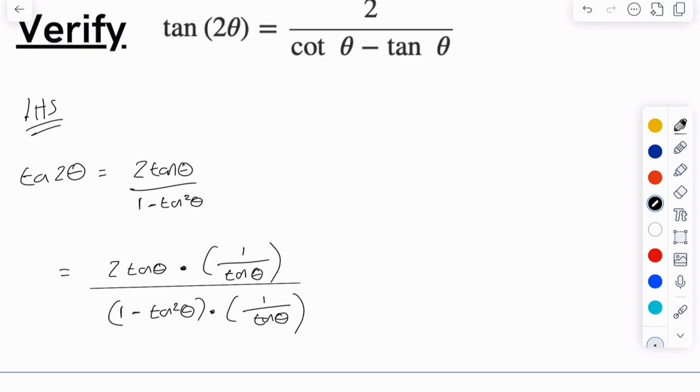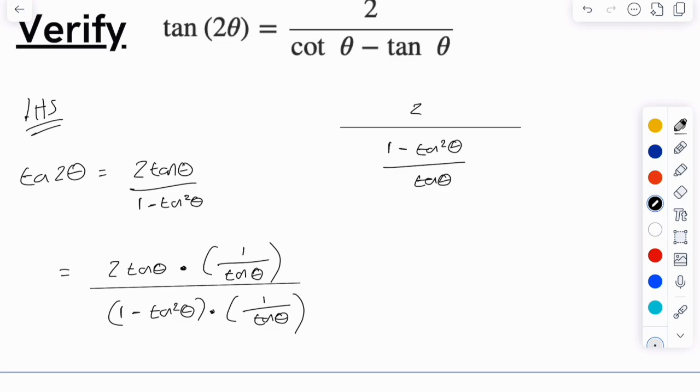So moving forward, let's expand this out. We get 2 over, let's see, 1 minus tan squared theta over tan theta.